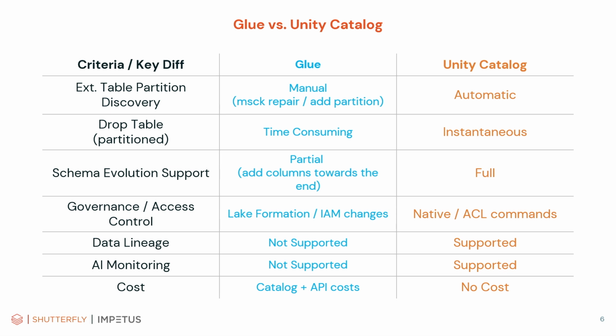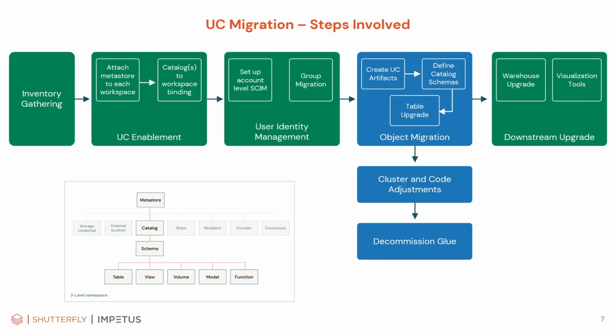Also, governance and access control is much more streamlined with Unity Catalog. In addition, there are capabilities that Unity Catalog has that Glue doesn't. So basically, support for data lineage, AI monitoring through lakehouse monitoring. And also, in terms of cost, Unity Catalog doesn't have an additional cost, right? So if you have Databricks, Unity Catalog comes with it. So as I was mentioning, this is kind of the clear winner here.